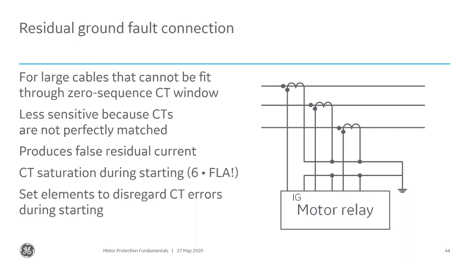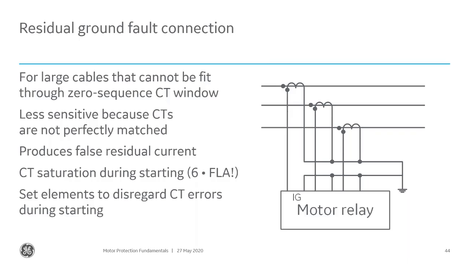Now, if my CTs here are 1,000 to 5, I'm 10 times CT, I might saturate some for a downstream fault. But if I do, it's not that big a deal because it's a true fault that I need to trip. So this sort of connection is appropriate for that solidly grounded system.